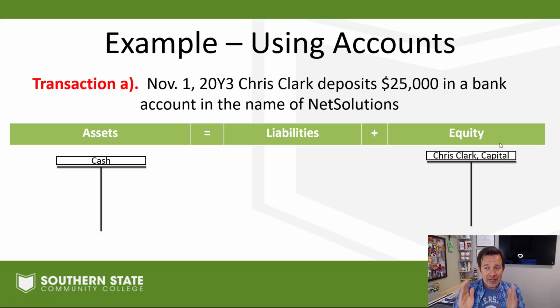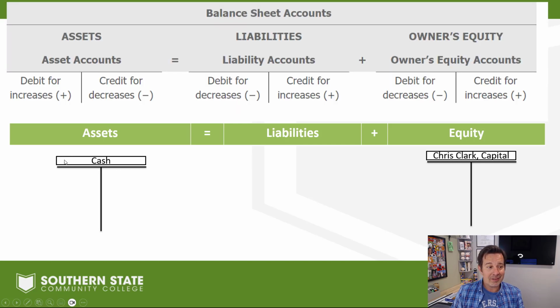And so we're thinking, I need to make cash go up. The business is getting cash. If I'm on the left-hand side of the accounting equation with a balance sheet account, it goes up on the left-hand side, right? There's the rule. If I'm on the right-hand side of the accounting equation, the account goes up on the right. So I'm going to plug $25,000 into the debit side of the cash account.